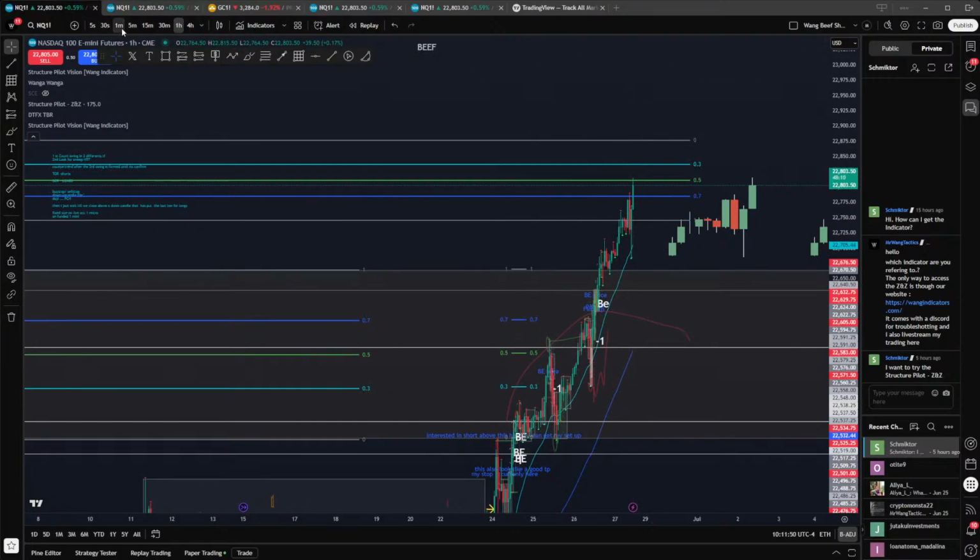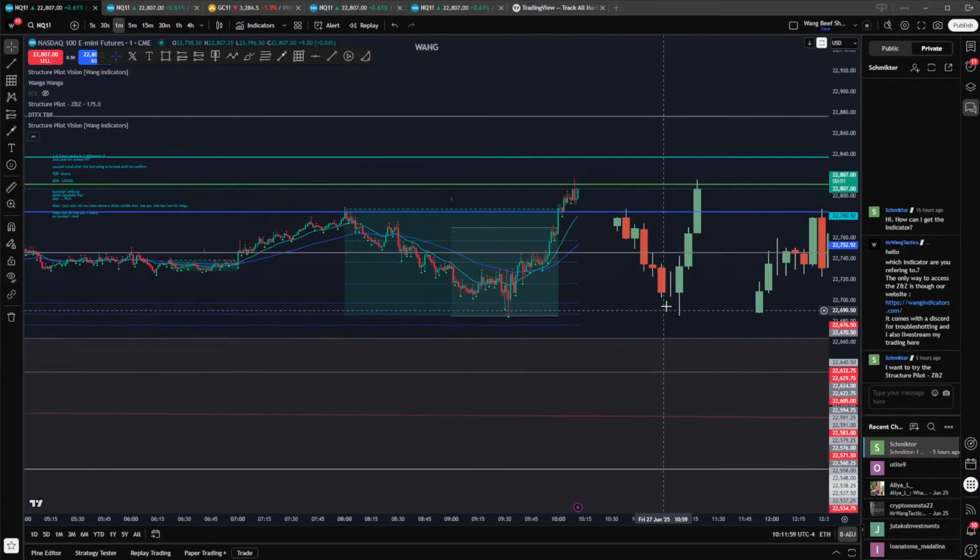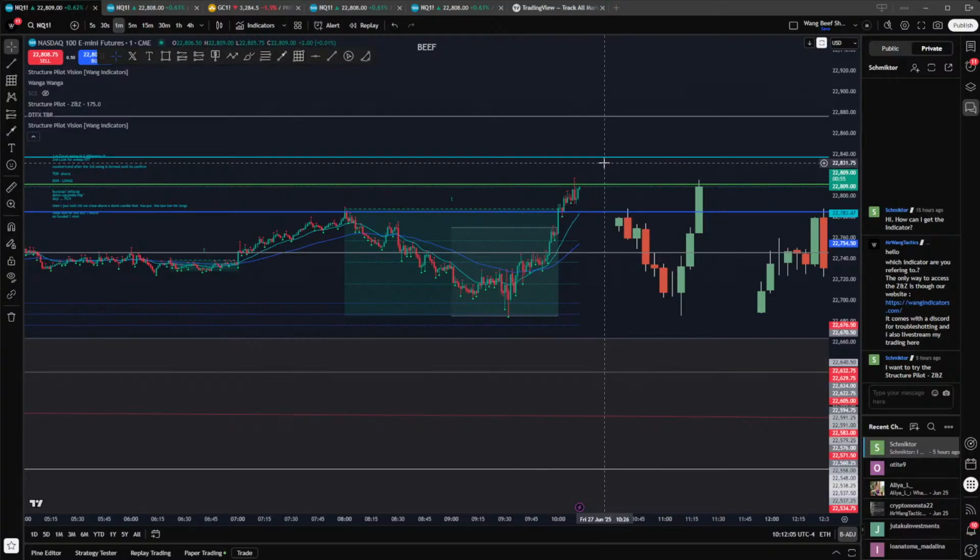I'm looking to see if I can find a scalp coming in that direction. Even if I think we'll end up going above that high, it doesn't matter. Just turn the scalp. Let's see what price gives us.